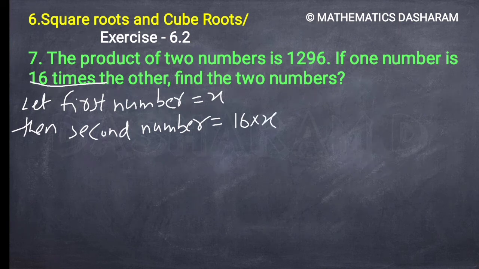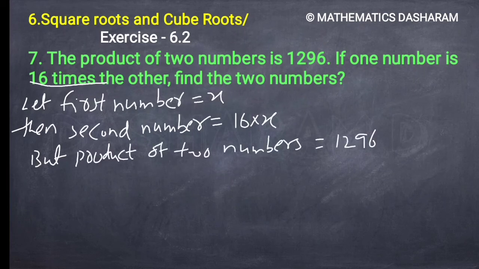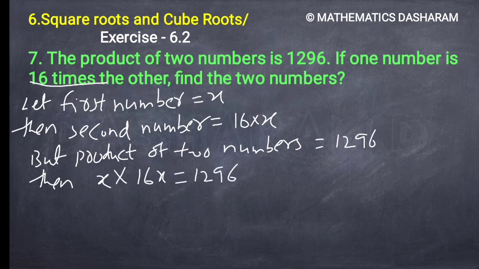Now the product of these two numbers is how much? 1296. So then what are the two numbers? First number x, second number 16x, and their product equals 1296.